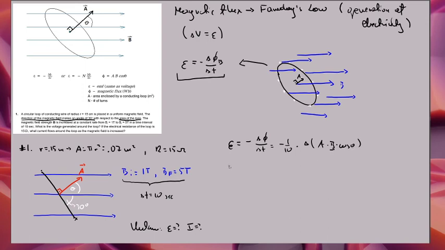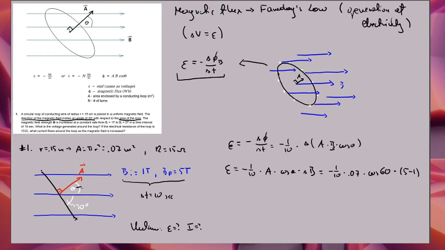And so this equation becomes epsilon equals minus 1 over 10 times A times the cosine of theta times delta B. So I have minus 1/10 times 0.07 times the cosine of 60 times the change of the magnetic field, so 5 minus 1, right?